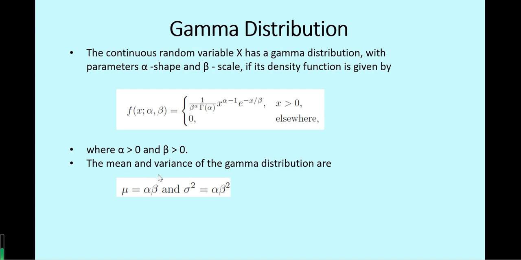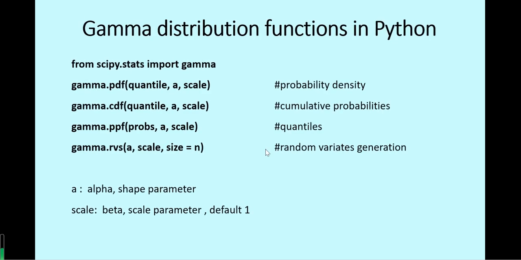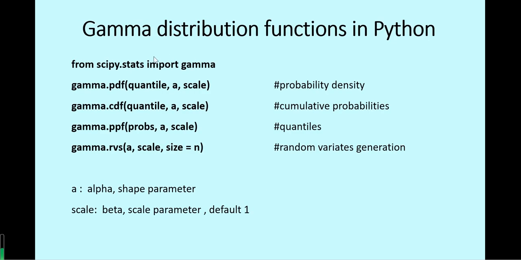The mean and the variance of the gamma distribution are alpha beta for the mean and alpha beta squared for the variance. So in Python, we can use the scipy.stats module and import its submodule called gamma.